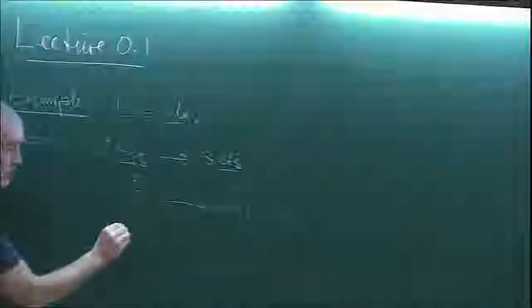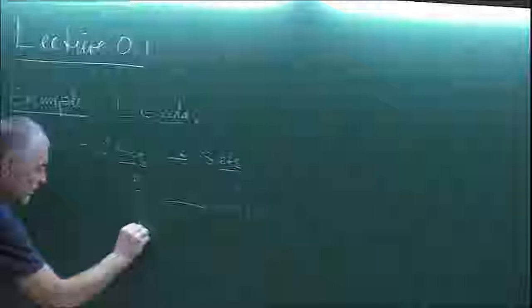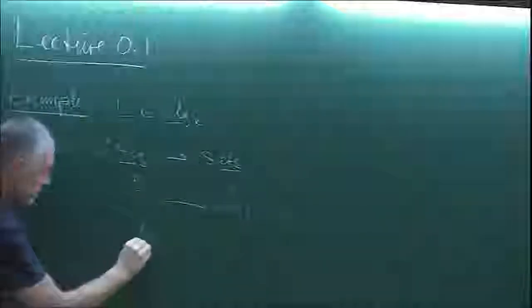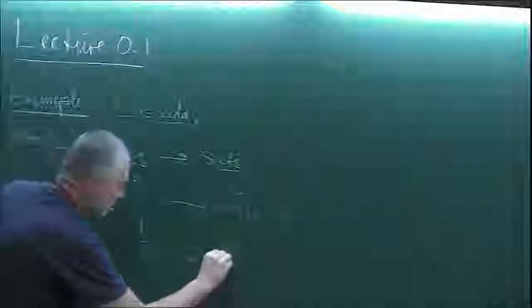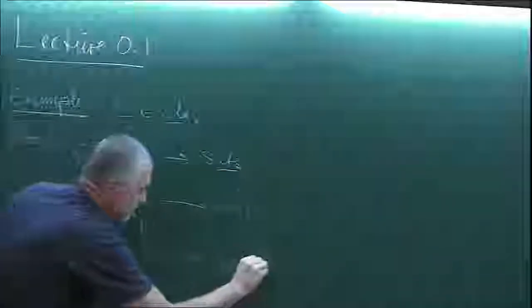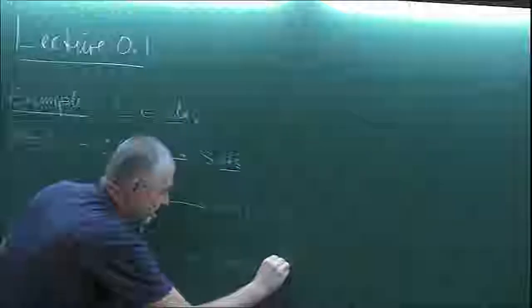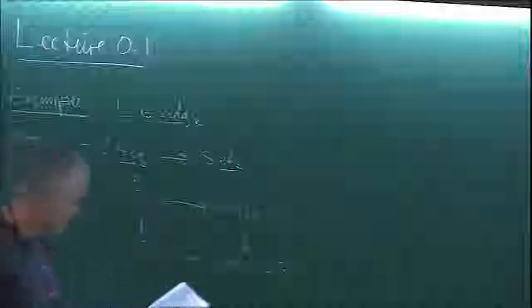So what is this functor doing? Well, it is covariant, because given a homomorphism from S to R, then this is of course sent to homomorphisms from L to R. And then we have a morphism this way. And what does this do?